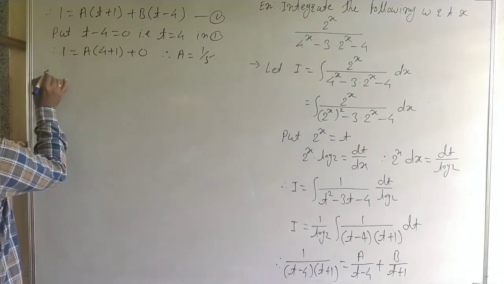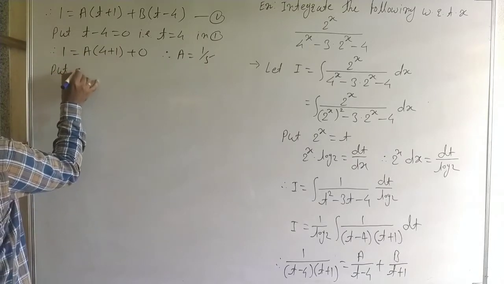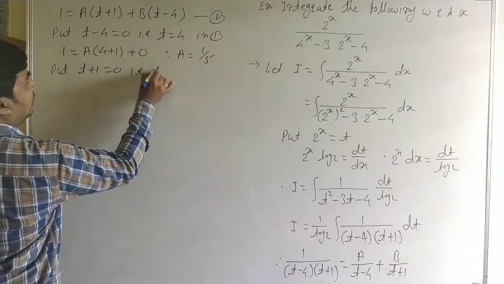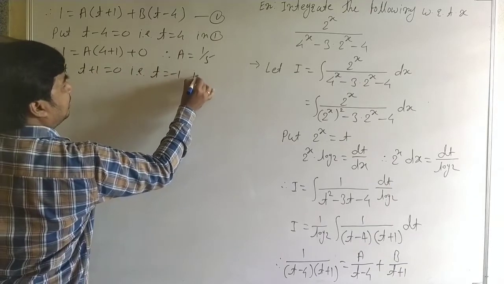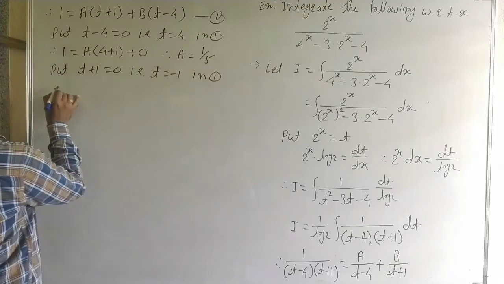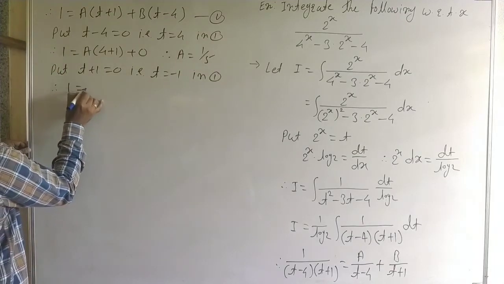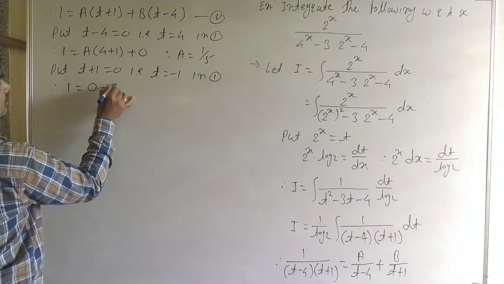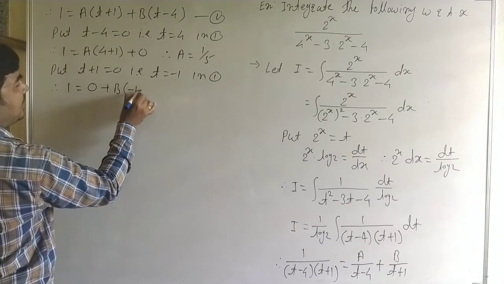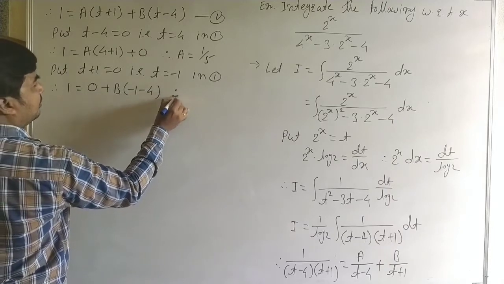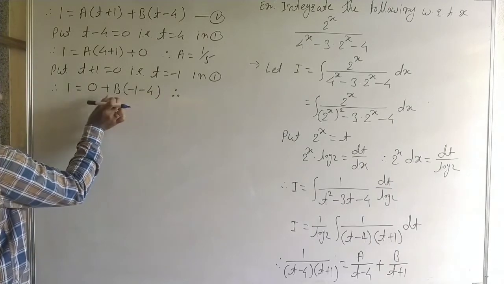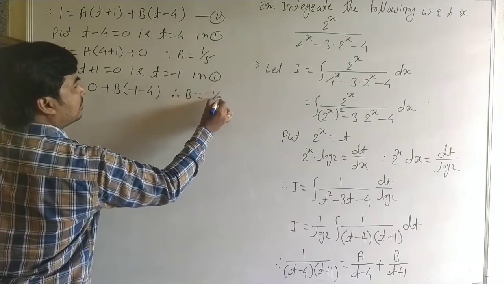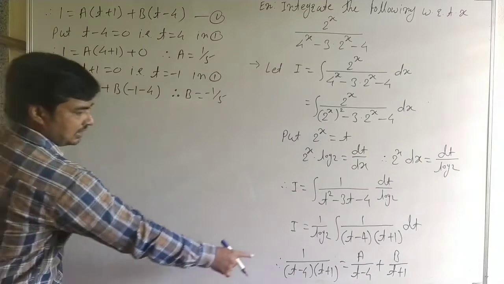Now put t plus 1 is equal to 0, that is, t is equal to minus 1 in equation number 1, and therefore we get 1 is equal to 0 plus b into minus 1 minus 4. Again, see carefully. Minus 1 minus 4 is minus 5. Minus 5b is equal to 1. Therefore, b is equal to minus 1 by 5.